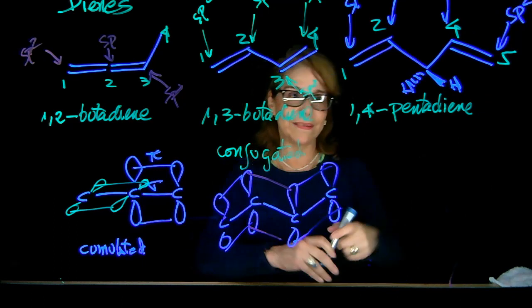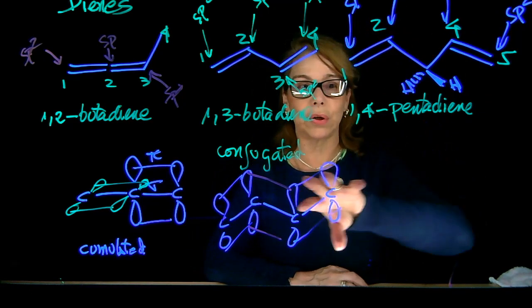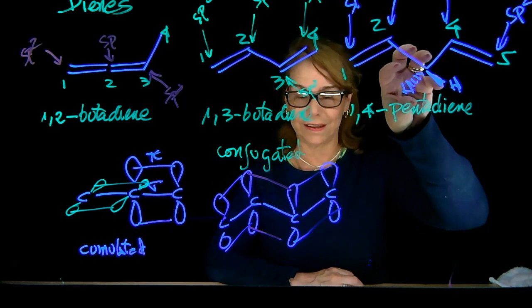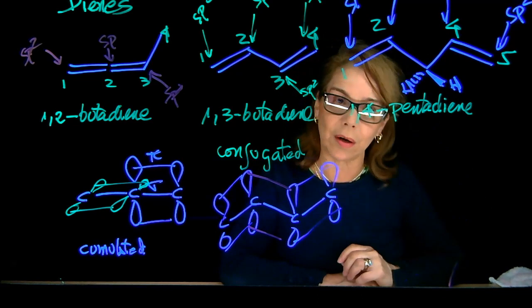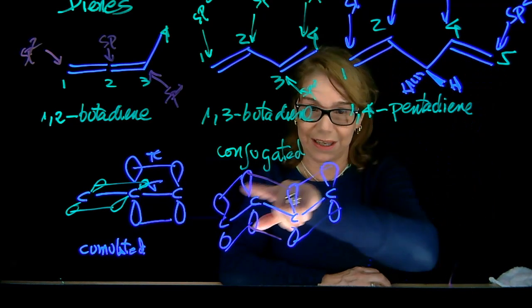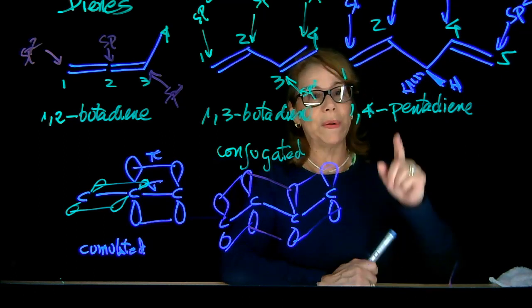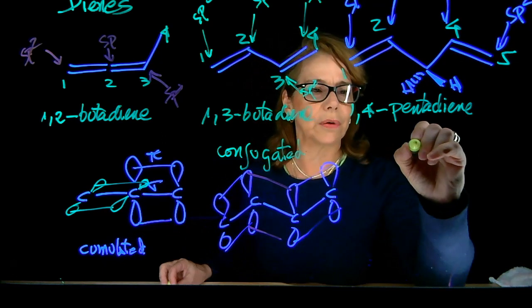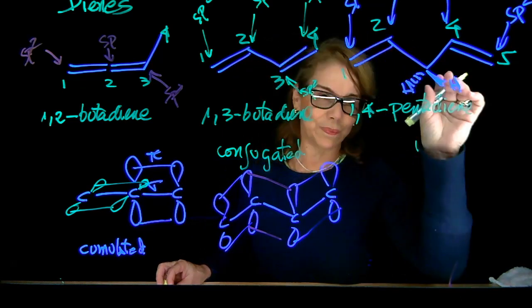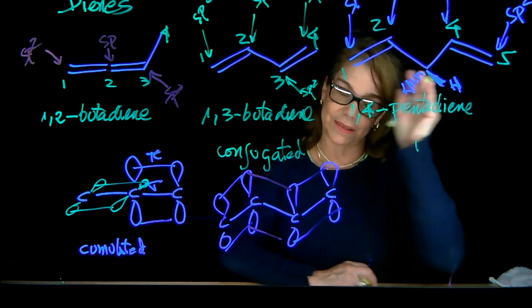So now what happens is that this is no longer conjugated. The electron delocalization is prevented by this sp3 carbon. We cannot move those electrons around. Because of that, we're going to call that system isolated. So we have one pi system and another pi system over there.